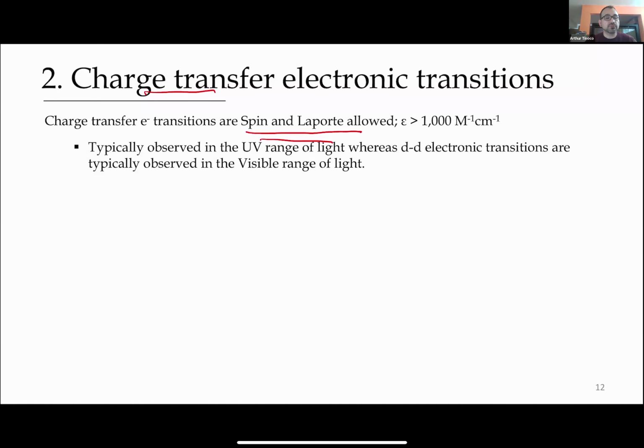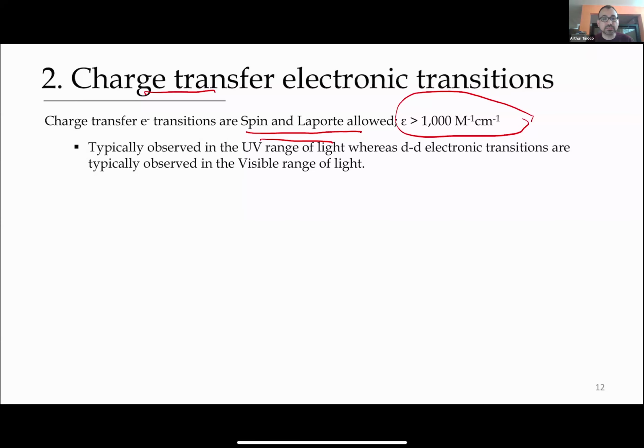Because they satisfy both of these electronic transition selection rules, the extinction coefficient for these types of transitions is going to be high. You're going to see extinction coefficients greater than 1,000 per molar per centimeter. That distinguishes these two types of transitions: charge transfers have a higher allowedness, a higher extinction coefficient, than the d-d electronic transitions.